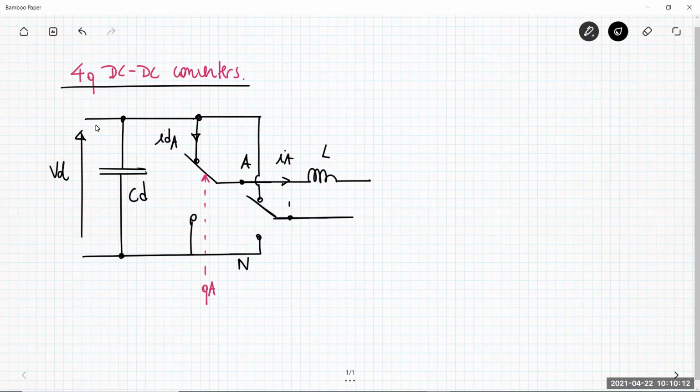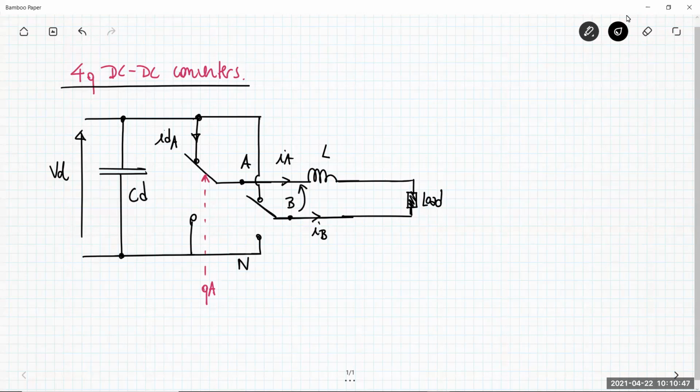Let me put here the node B. This node is in series with the node A because we can have here a generic load. So the same inductance that you can see in series with the node A is also in series with the node B. Here we have a current IB.